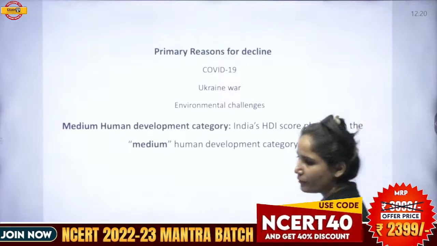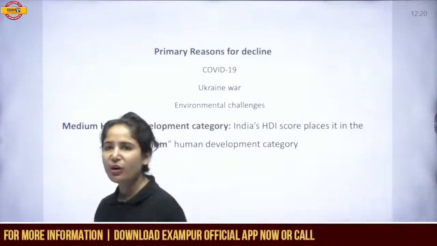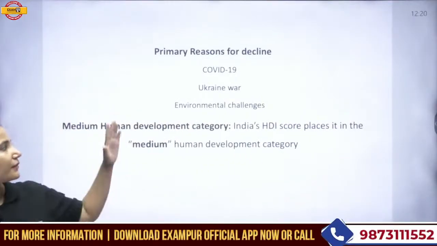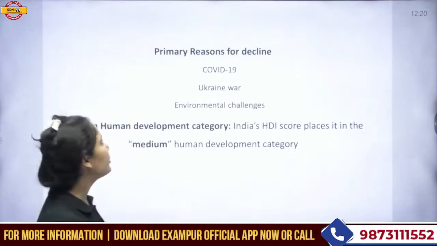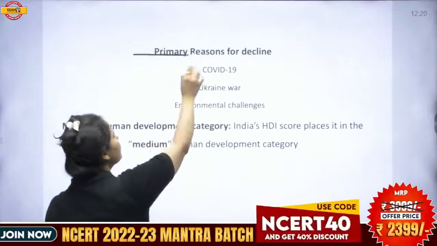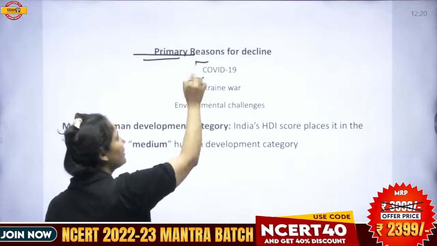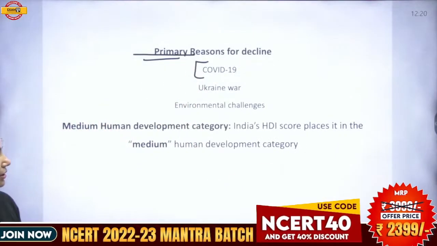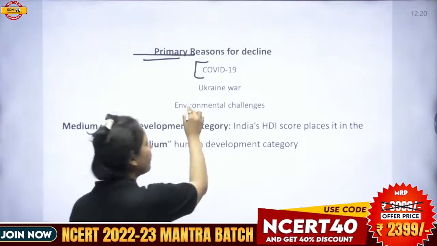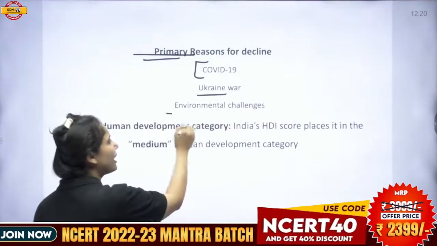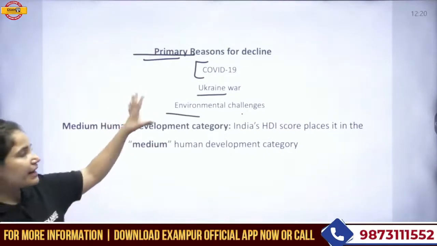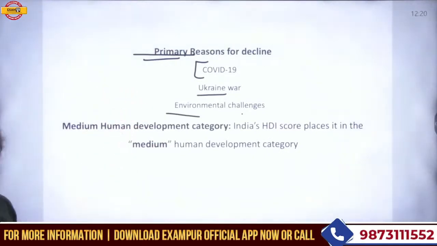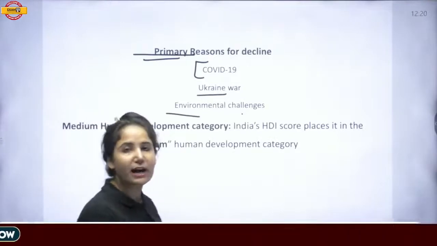Primary reasons for the decline: if we want to make a critical analysis of these three points, we are going to make it. First of all, I just want to let you know what the primary concerns are that we have to write. That is the COVID-19 situation, the Ukraine war we are just talking about, and the environmental challenges, which are international and global issues, not only concentrated in our country.